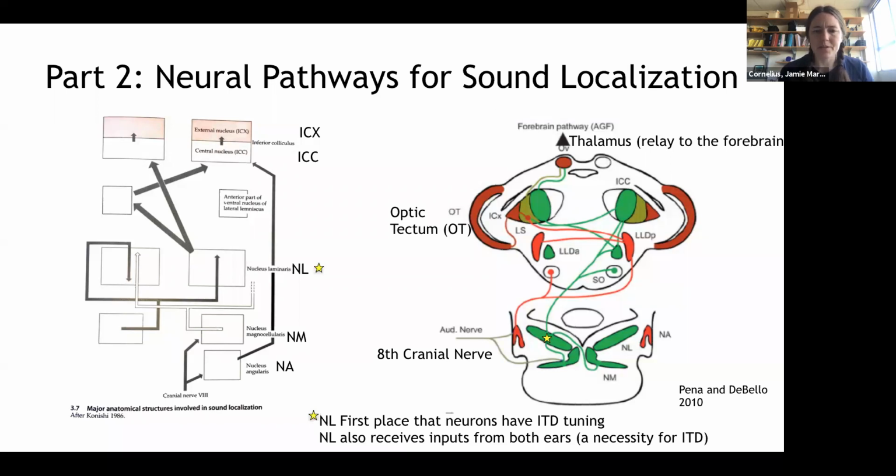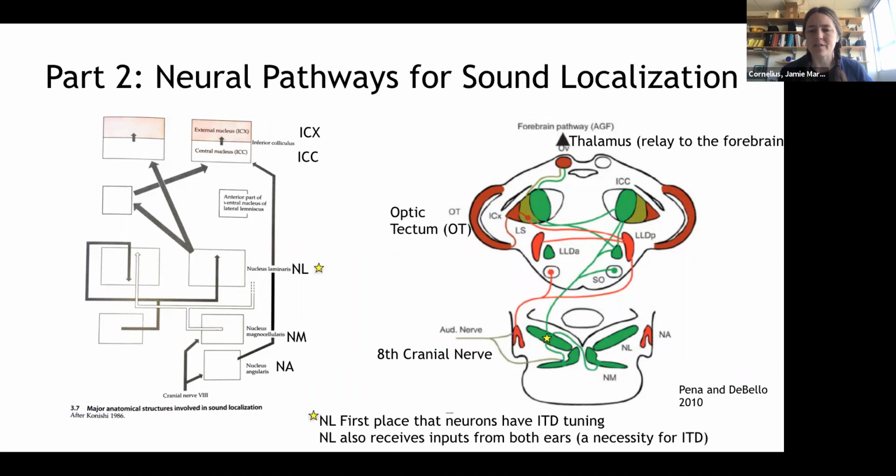So for interaural timing differences, the first place in the brain and in the processing pathway that neurons start to respond to a particular interaural timing difference is in the nucleus laminaris. So that's where the star is indicated on both of those figures. So this is where you first get some specificity for a place in space that corresponds to a timing difference between the two ears.